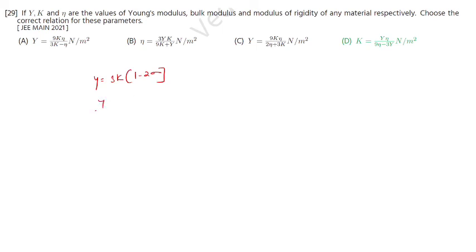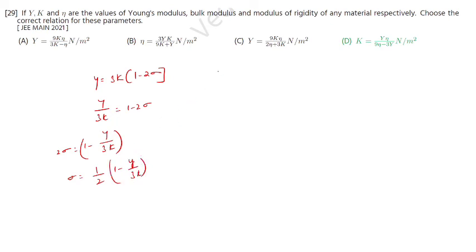So Y by 3K is equal to 1 minus 2 sigma, so sigma is equal to 1 by 2 into 1 minus Y divided by 3K.